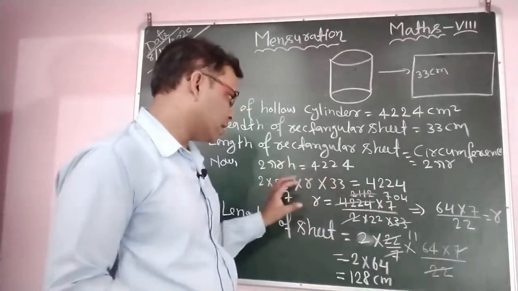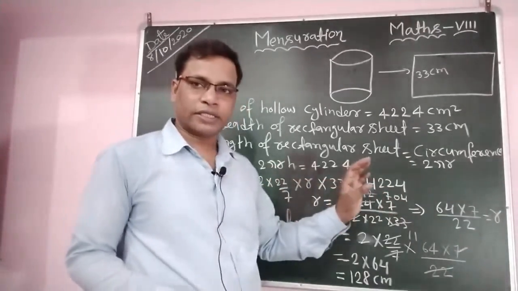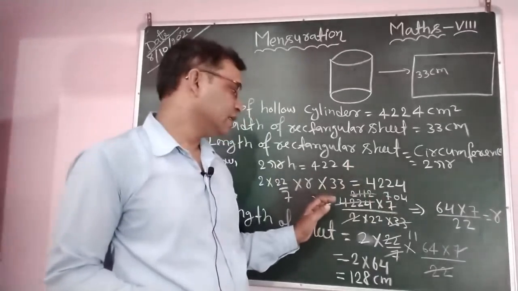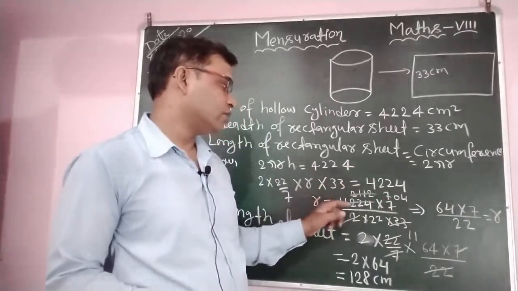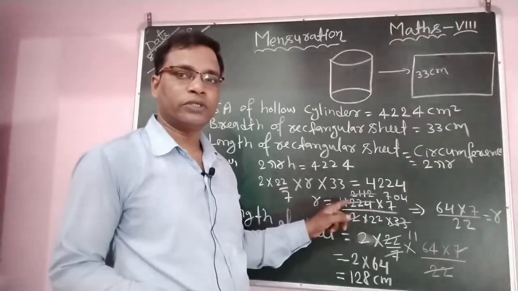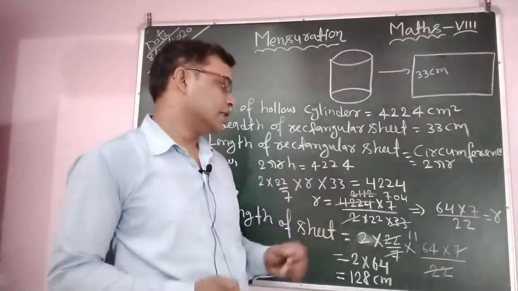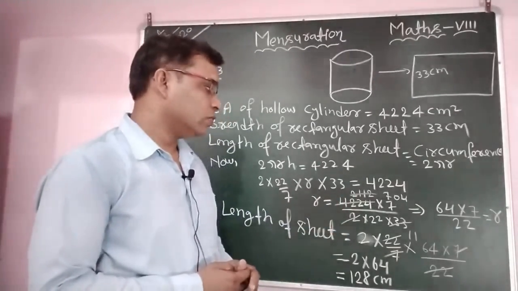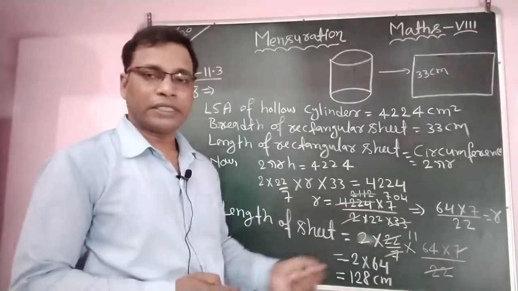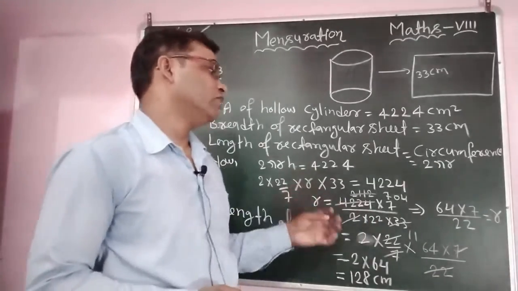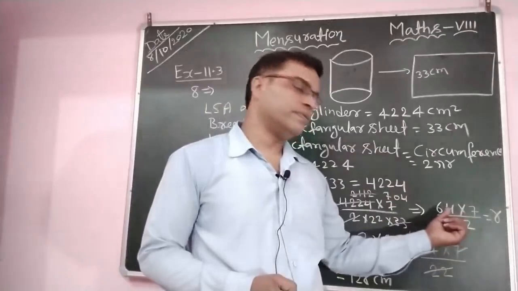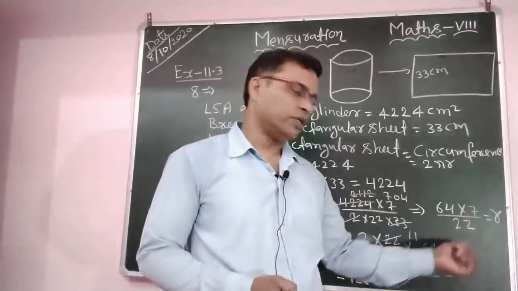All quantities we transpose to the right hand side. Then on the left hand side, the radius r is equal to 4224 into 7 by 2 into 22 into 33. You cancel it, then we obtain the radius is equal to 64 into 7 by 22.